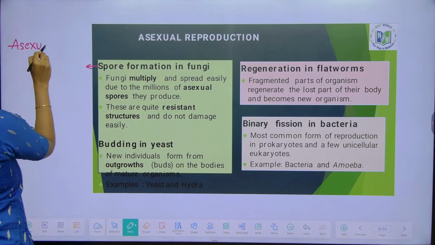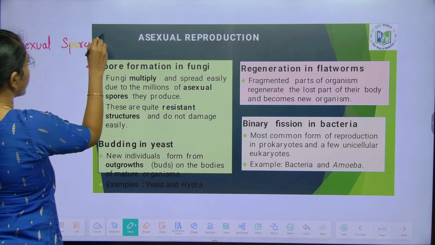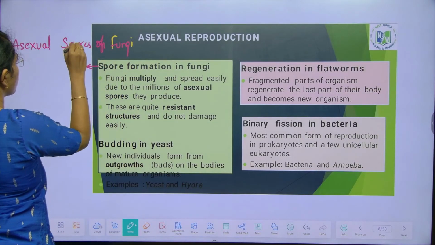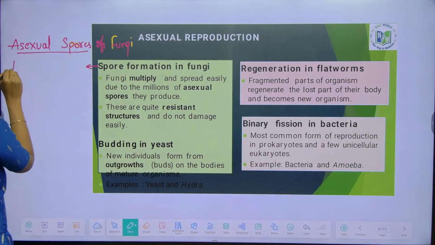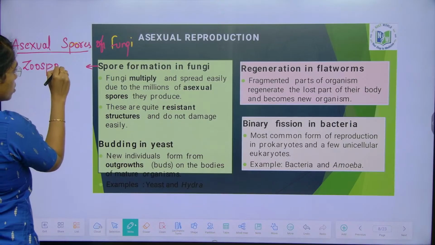Asexual spores of fungi include, first, zoospores, which are motile spores.